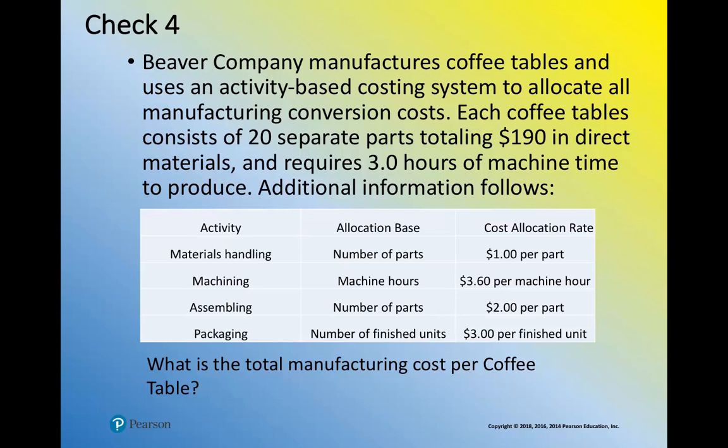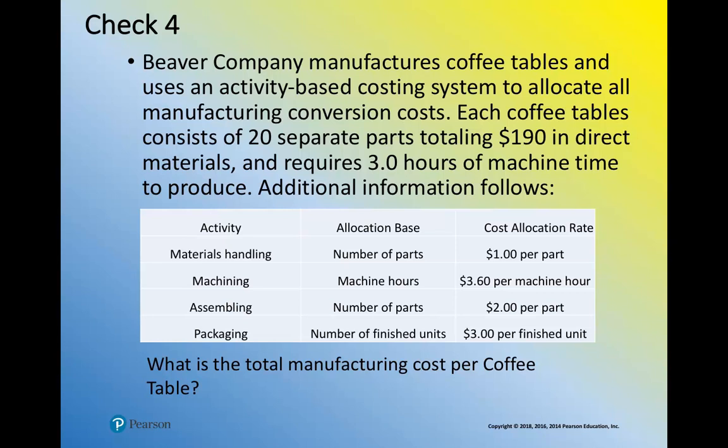So our total conversion cost is 73.8. We add that to our direct materials. So the cost per coffee table is 263.8.